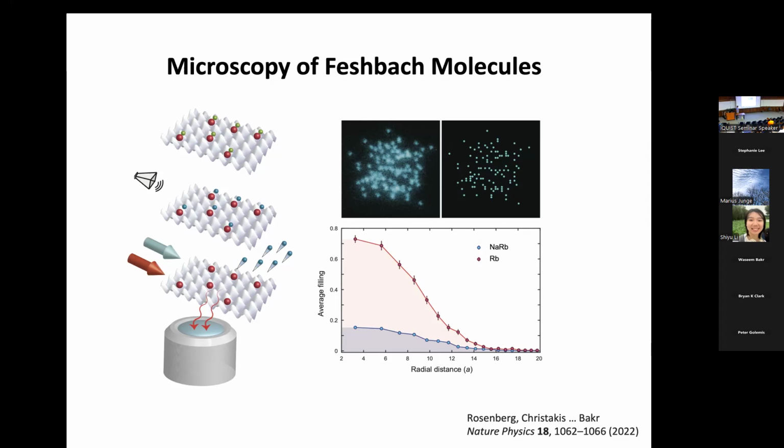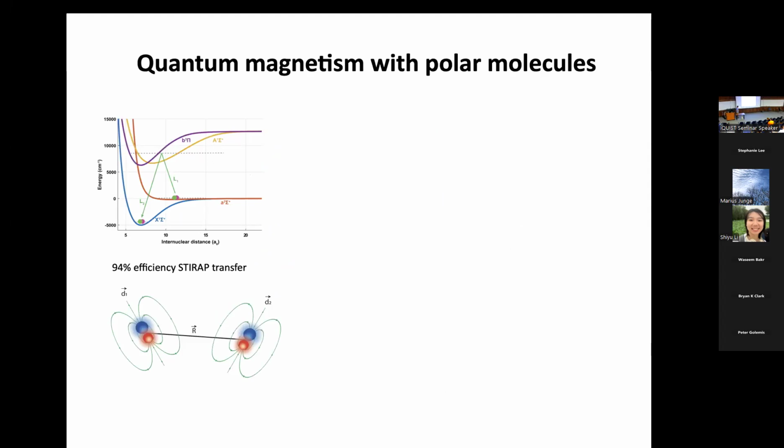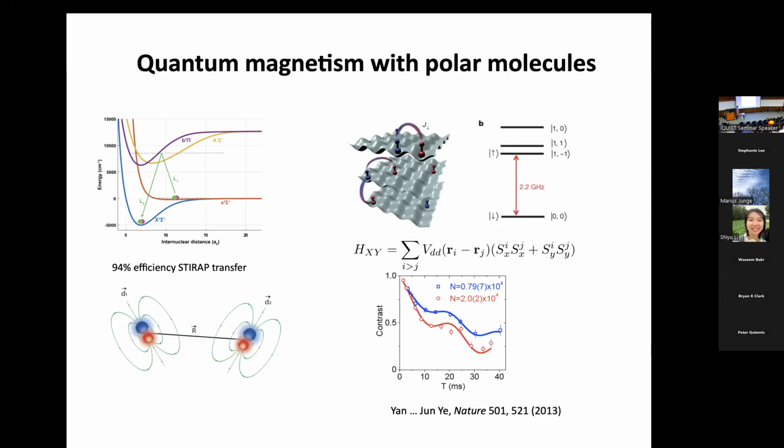And we can now encode, as I said, spin 1/2 in rotational states, and we can use this microscopy not only to read out the positions of the molecules this way, but we can also read out their state. So we can reverse the STIRAP process that puts them in the ground state and read out whether they're, say, in the lowest state or the excited rotational state.